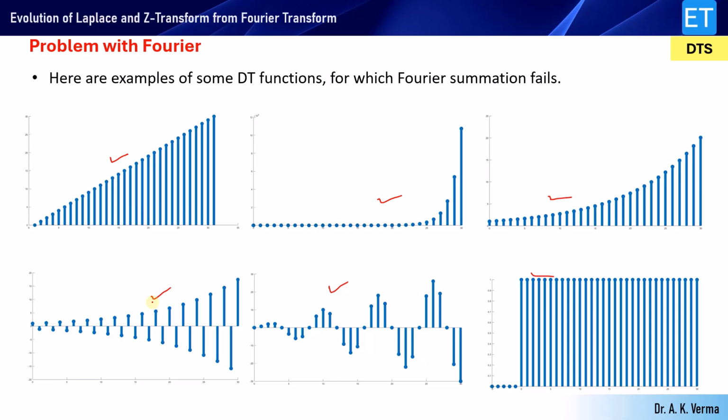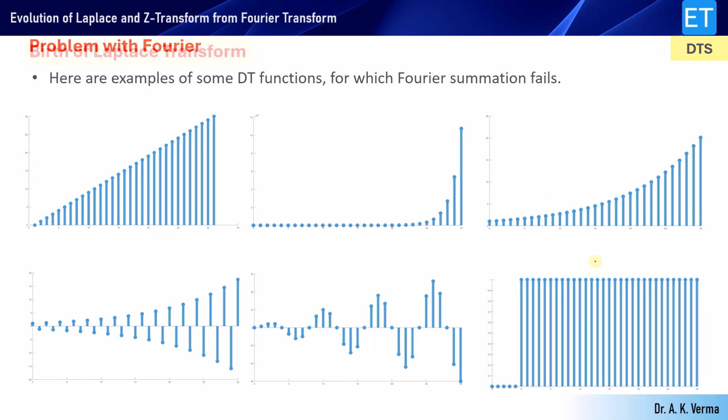For such signals, the Fourier transform formula fails, and you cannot find the proper expression of the Fourier transform. Although for certain signals like this, where the magnitude is constant, by applying some tricks we can find the Fourier transform, but that is not directly from the Fourier transform formula.